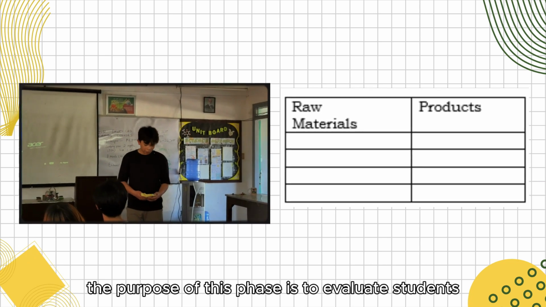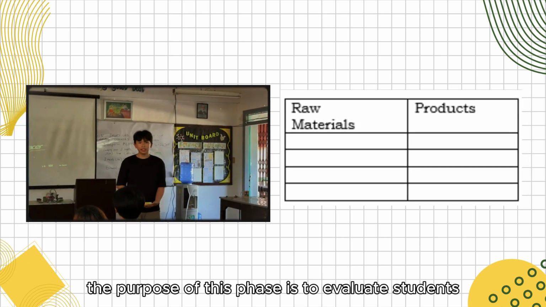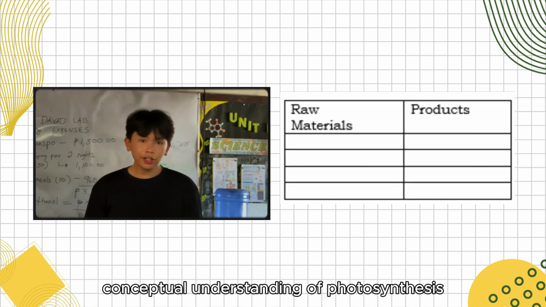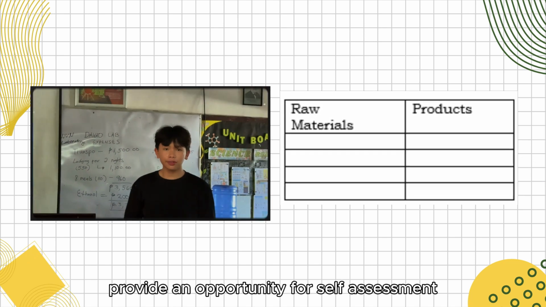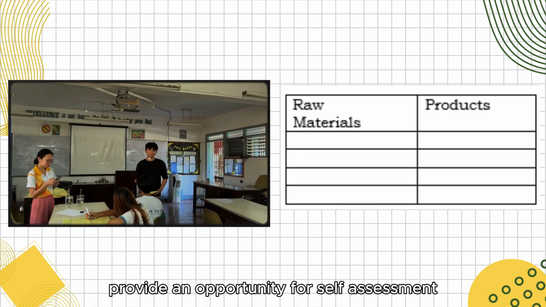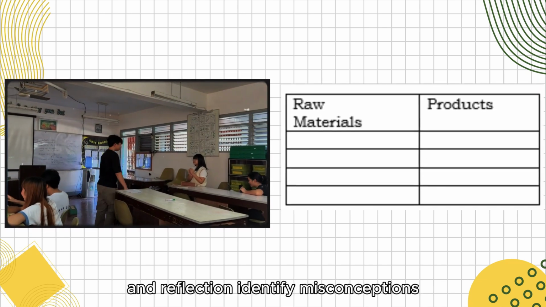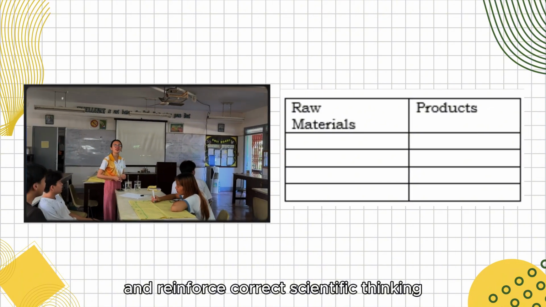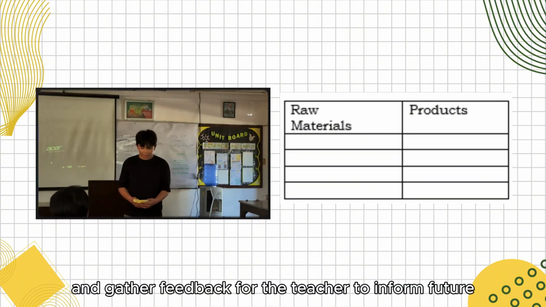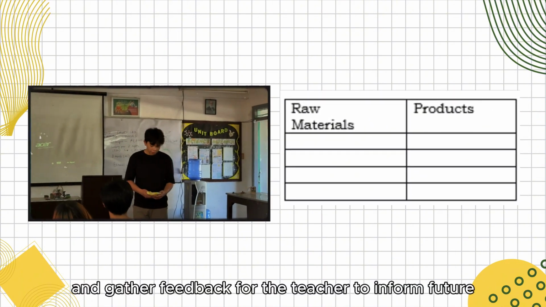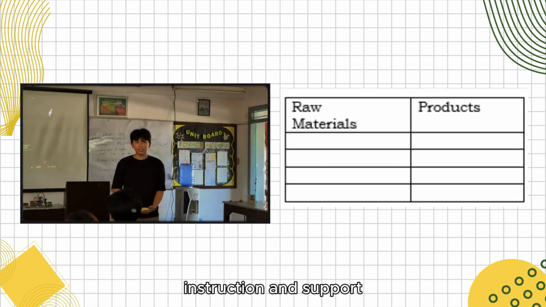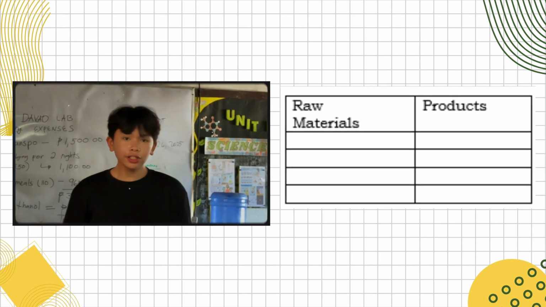The purpose of this phase is to evaluate students' conceptual understanding of photosynthesis, provide an opportunity for self-assessment and reflection, identify misconceptions and reinforce correct scientific thinking, and gather feedback for the teacher to inform future instruction and support.